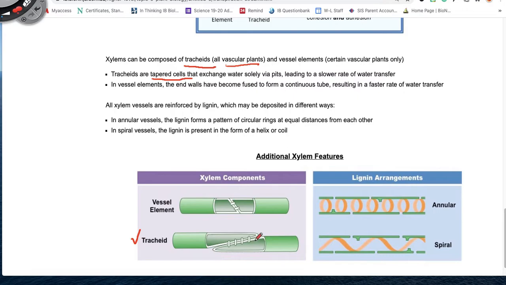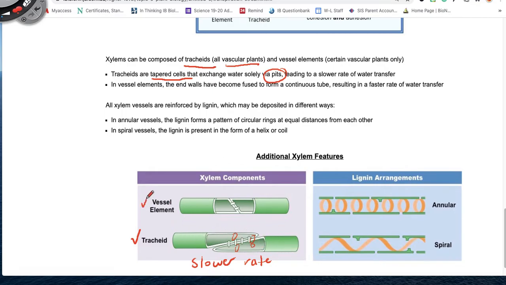These tapered ends don't really allow for efficient movement of water, so the tracheids have to have these pits, and that's what's going to allow the movement of the water through these pits. Tracheids have a slower rate of water movement because of these tapered ends, but they make up for it with the pits.